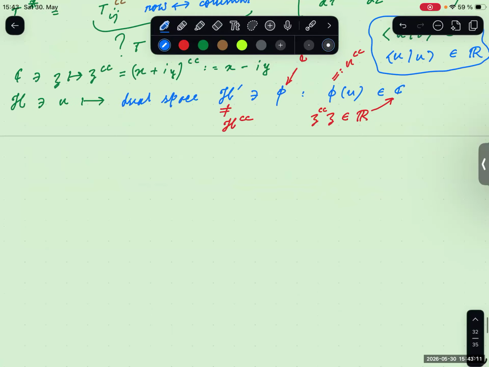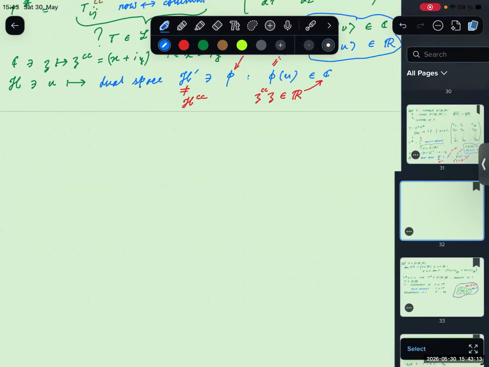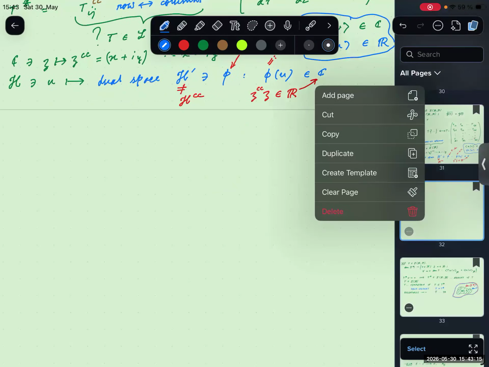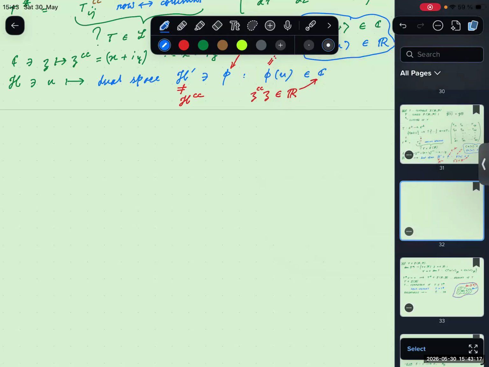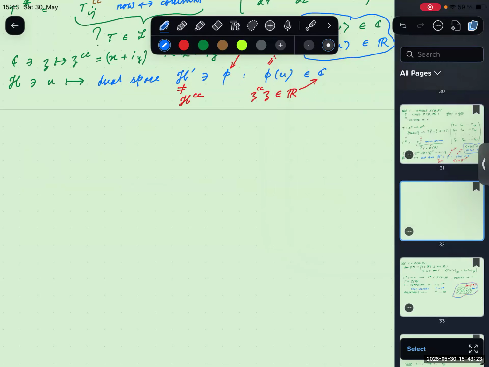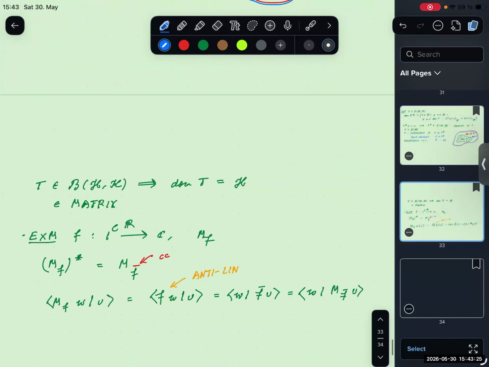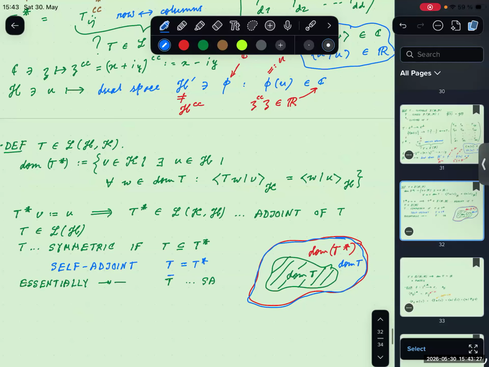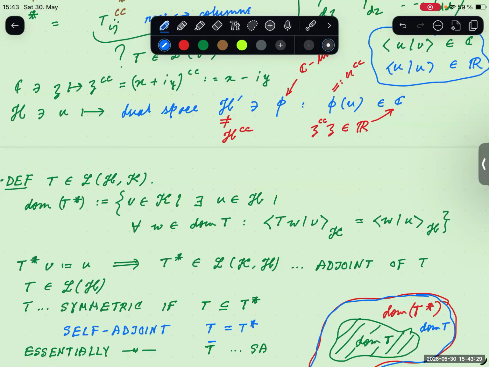Okay, so now let's go back to our definition. So now the question is, what is the right generalization of this idea?